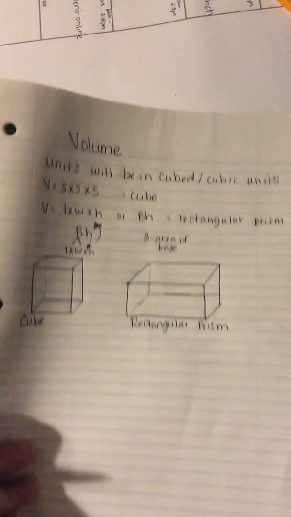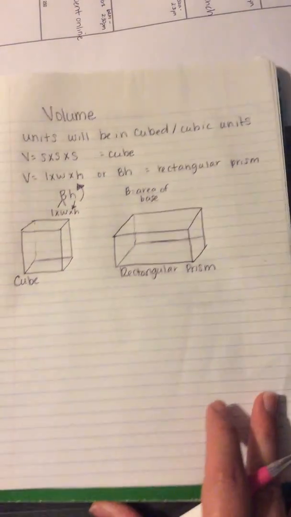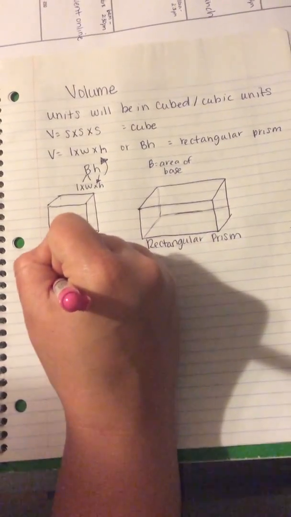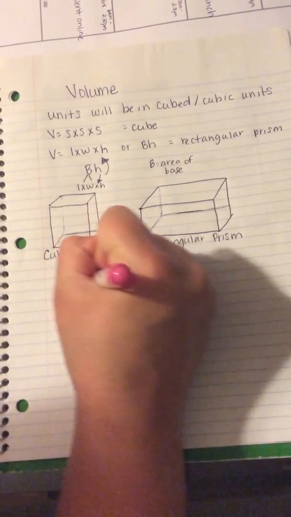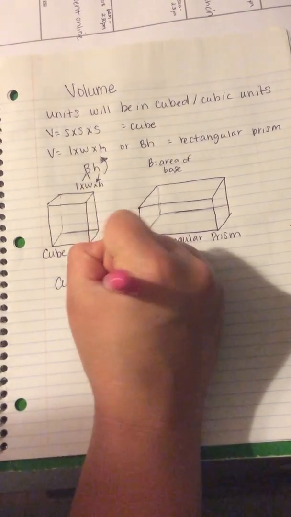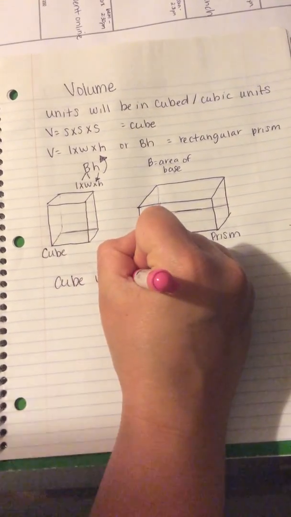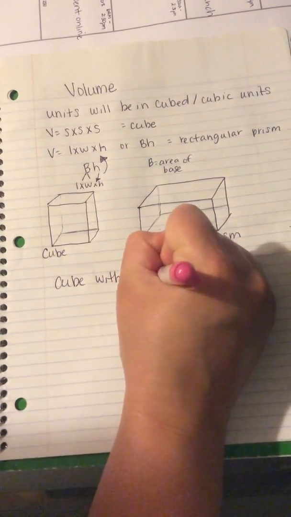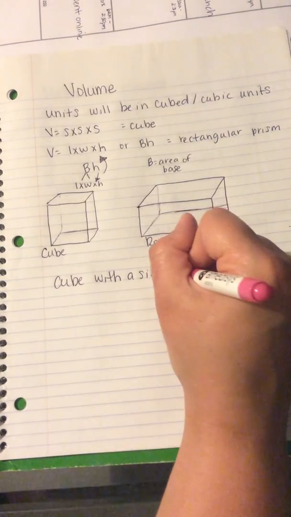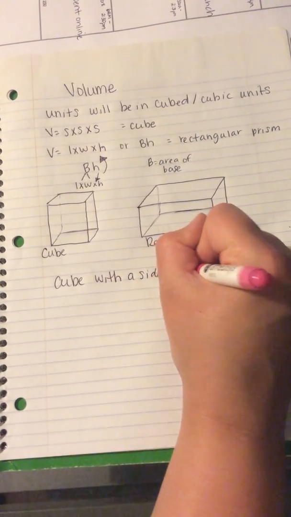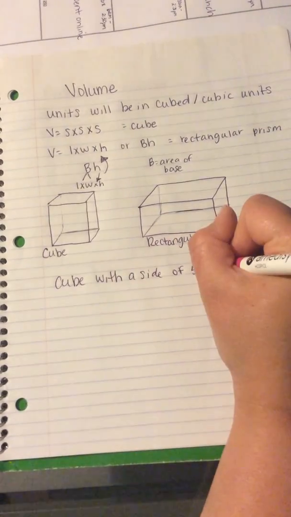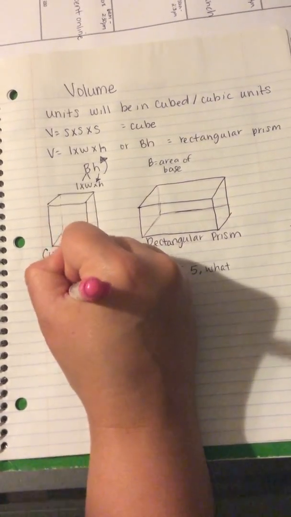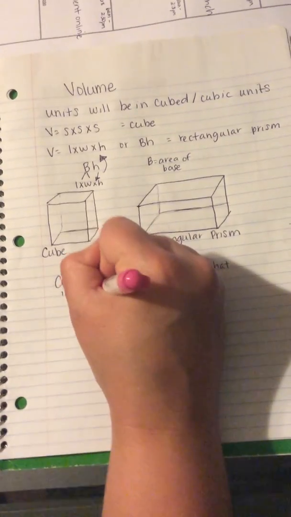I want to show you real quick how S times S times S is different than 3 times S. So if I said I had a cube with a side of 5, what is the volume?